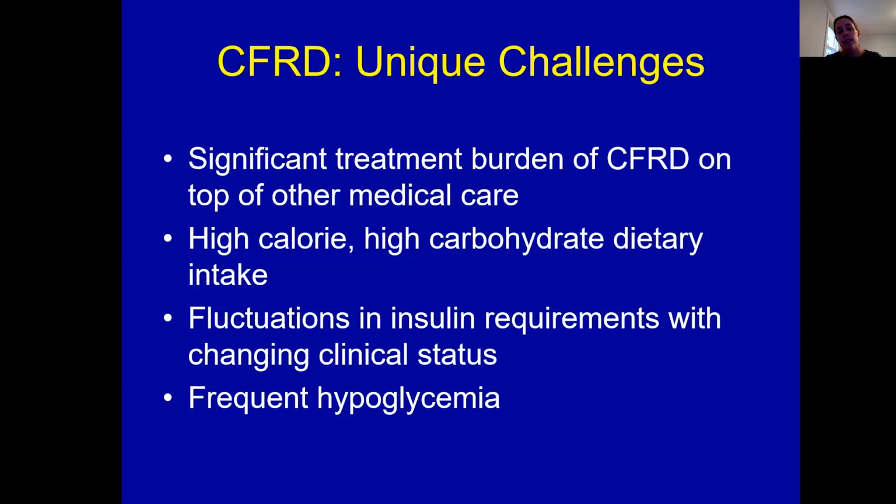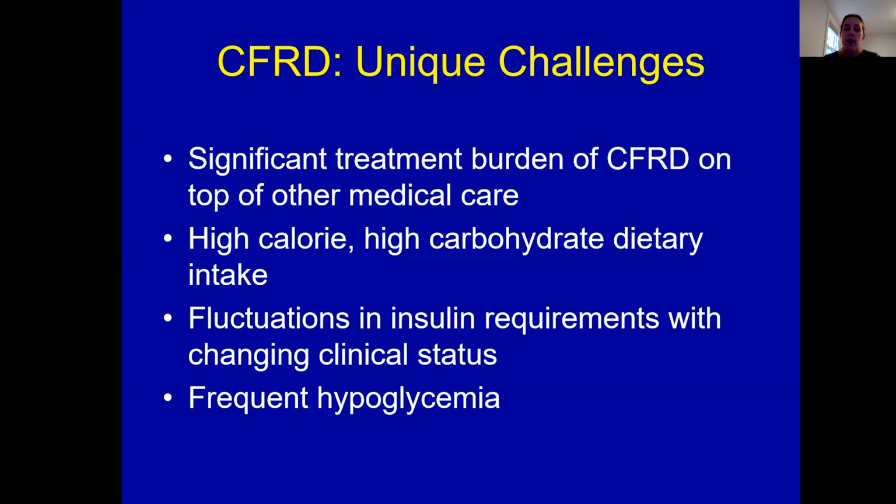But these foods can lead to significant postprandial hyperglycemia that can be difficult to manage with insulin. In addition, our patients often have fluctuations in insulin requirements depending on their clinical status. So when patients are well and feeling healthy, they may need less insulin. When they're sick or need to go on steroids, then they may need a lot more. And it can be difficult to manage blood sugar levels when your insulin needs are constantly changing.